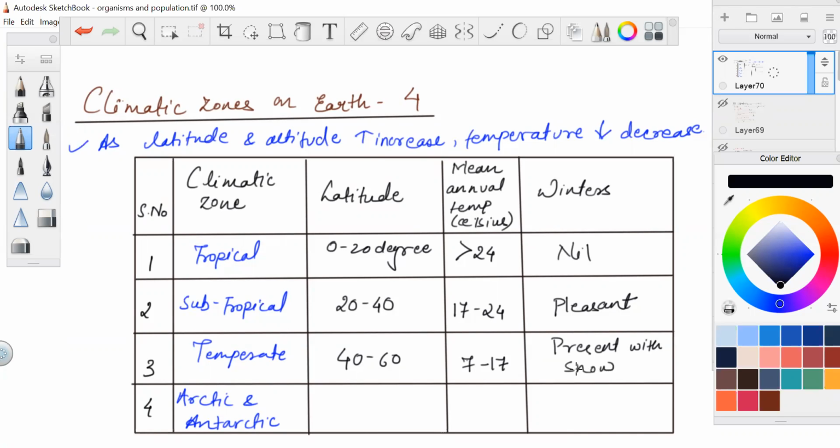Arctic and Antarctic, latitude here is greater than 60 and mean annual temperature will be less than 7. Here it will be prolonged winter with heavy snowfall.